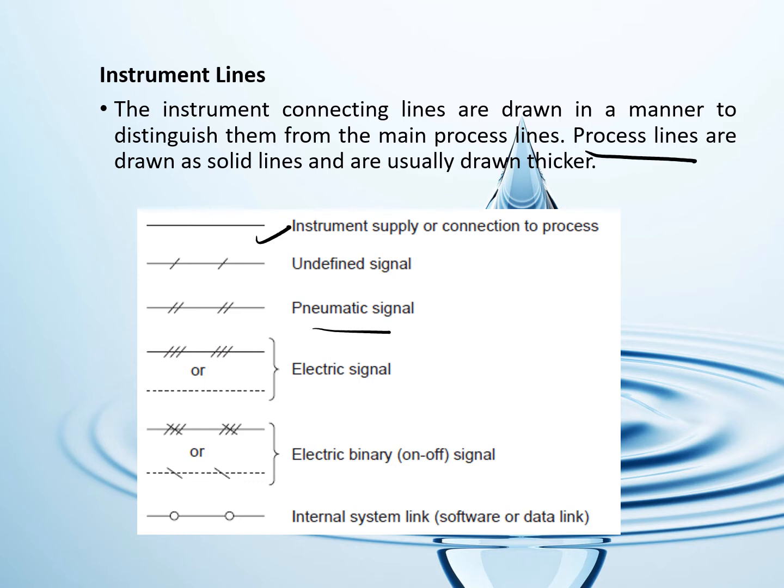If your control valve uses electrical power, then you need to use an electric signal. We have other types of instrument line, which are electric binary on/off signal and also internal system link. So all of these instrument lines you have to consider inside your P&ID.